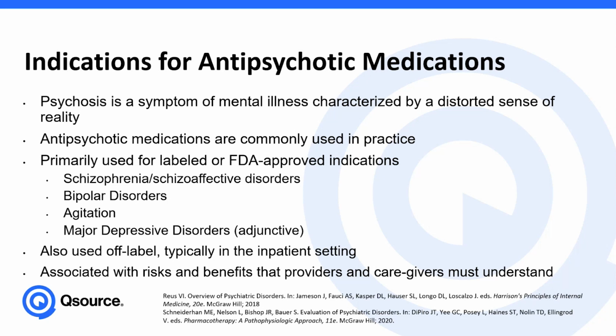We also want to encourage providers and caregivers in the inpatient and community settings to be thoughtful about how these medications are used. So big picture, antipsychotics are approved for specific psychosis-related conditions. It is not uncommon for medications to be used outside of those FDA-approved labeled indications, and this medication class is no different. Next slide.